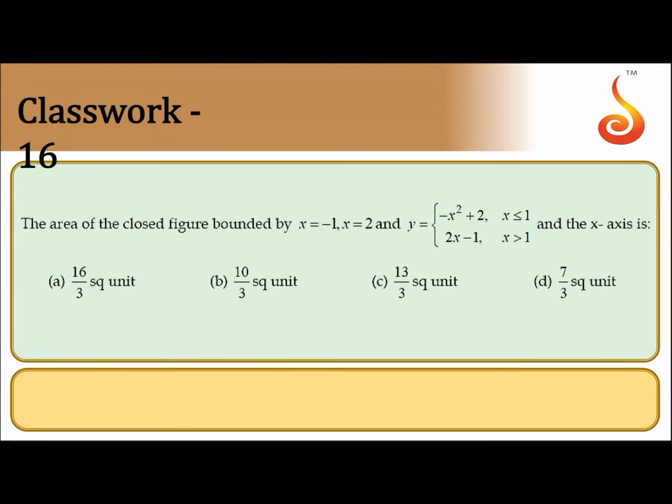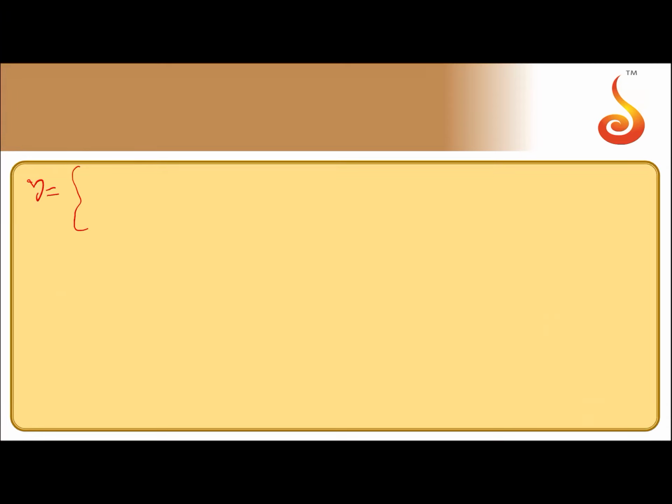Yes, correct. Coming to the next one, area of the closed figure bounded by x equals minus 1, x equals 2, and y is equal to minus x square plus 2 for x less than or equal to 1, and 2x minus 1 for x greater than 1.